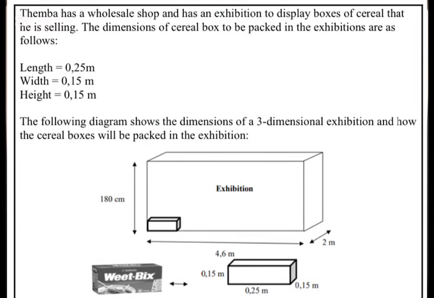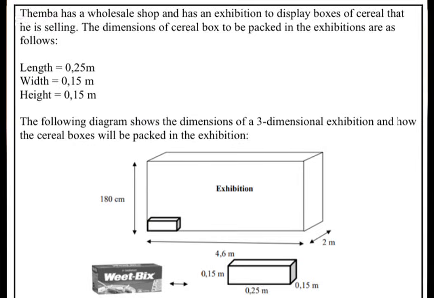Temba has a wholesale shop and has an exhibition to display boxes of cereals that he is selling. The dimensions of a cereal box to be packed in the exhibition are as follows. The length, the width, and the height are all given in meters. The following diagrams show the dimensions of the three-dimensional exhibition and how the cereal boxes will be packed in it.